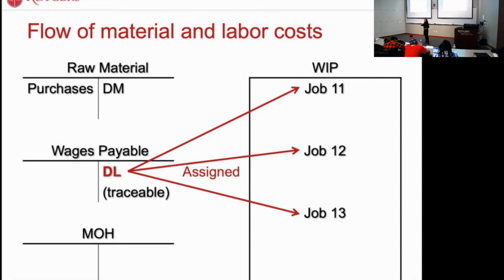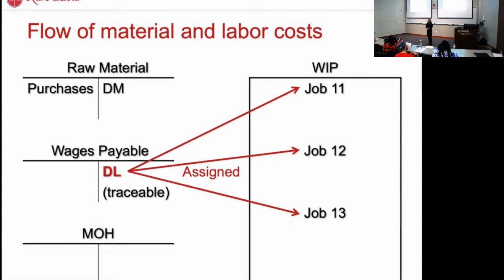And at the same time, we need to increase our working process by the same amount, because the direct labor will be going into the working process directly. Okay, so that's what will happen if we have direct labor.